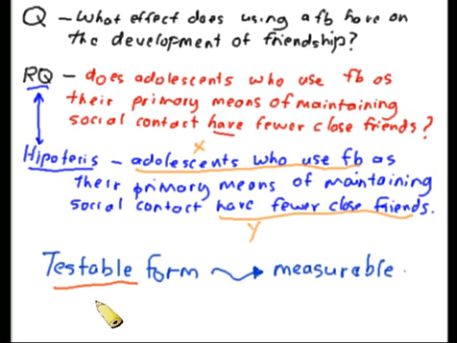So H null says X relates to Y, whereas H alternative says that X is not related to Y, right? So that's the relationship between research question and hypothesis.